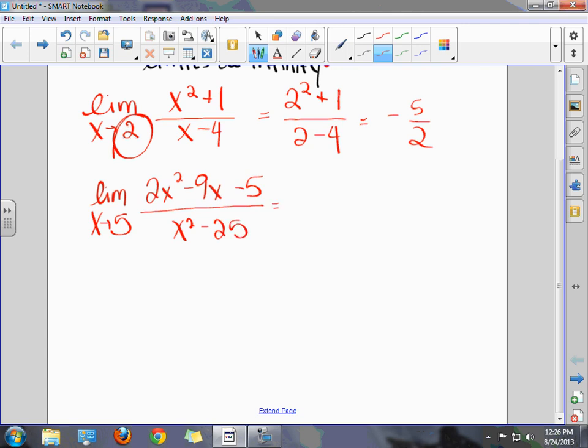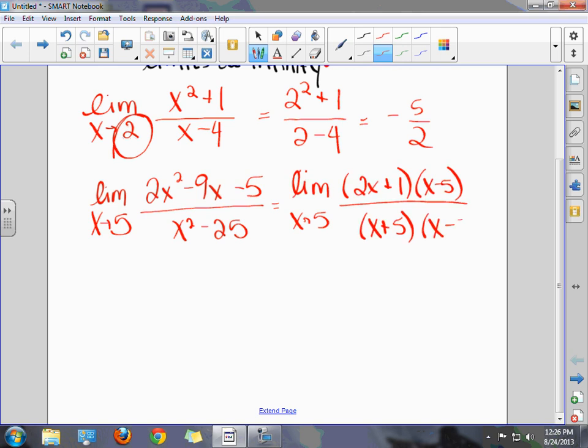If I try to just plug in 5, my denominator is 0. So let's check and see what would happen if I factor the top and the bottom. On the top, when I factor, I get 2x plus 1 times x minus 5. On the bottom, when I factor, I get x plus 5 times x minus 5.